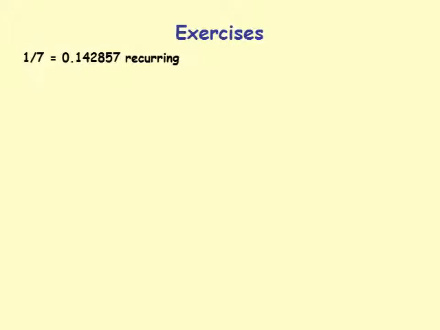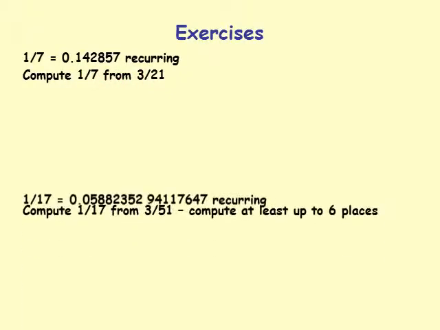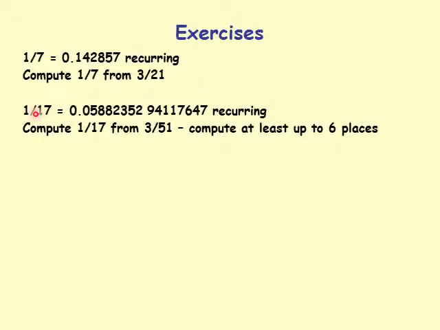Let's continue here. 1 over 7 is 0.142857 recurring. Okay, continue. You compute 1 over 7 from 3 divided by 21. Okay, let's continue here. 1 over 17 is 0.0588235294117647 recurring.